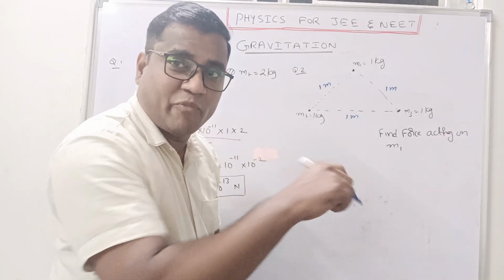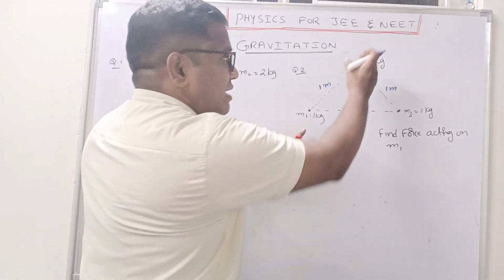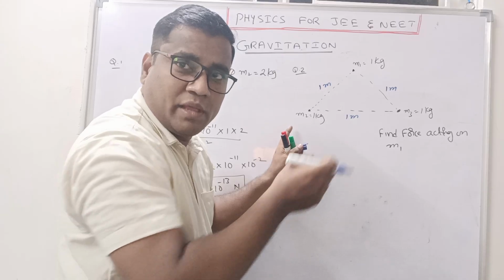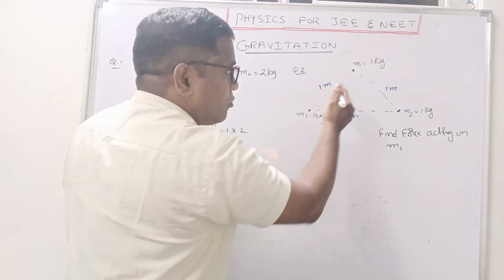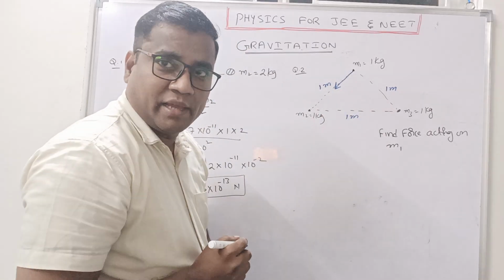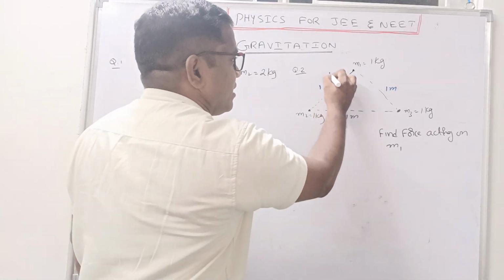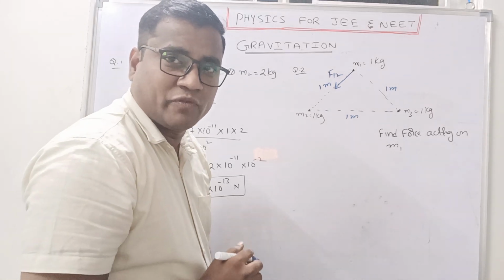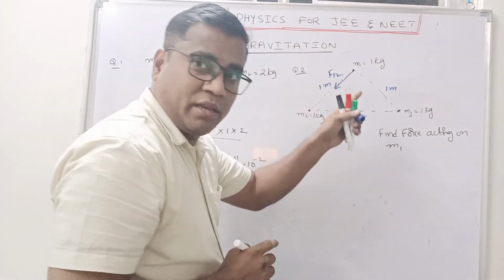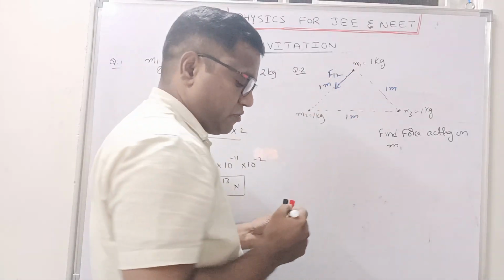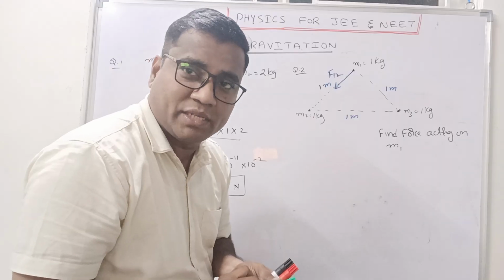Due to M2, M1 is attracted towards M2. So the attraction will be in this direction. Clear? So I will write this force as F12, force acting on 1 due to 2. It is towards M2, because M1 is attracted towards M2.